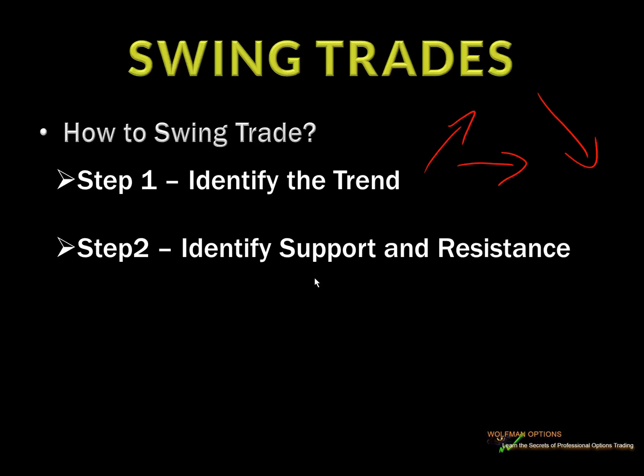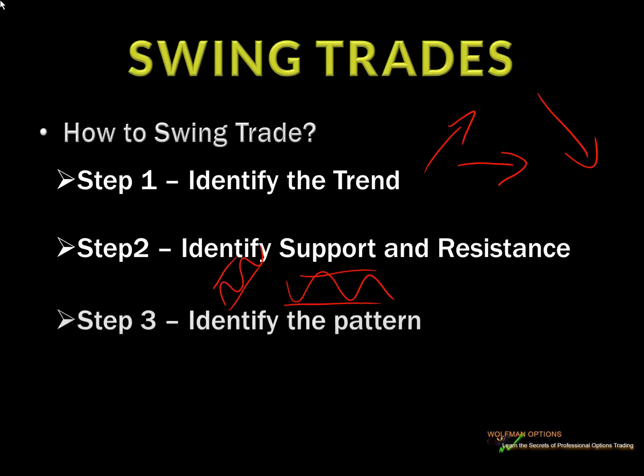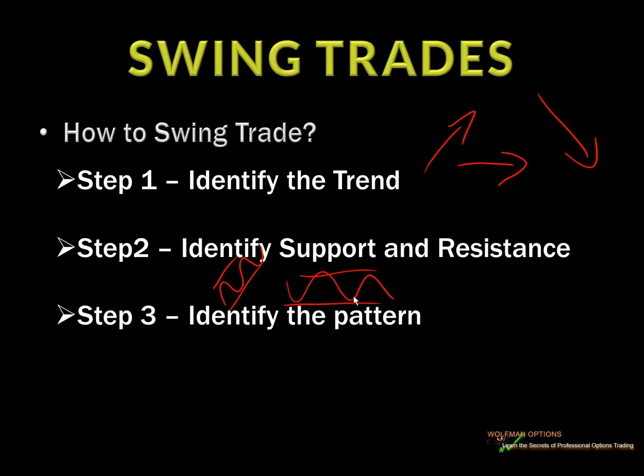That's where, when the underlying is trading in a bullish pattern like that, is identifying those support and resistance areas, right? And then ultimately, we want to find out what the pattern is within the overall trend. So that would be the pattern if we were looking at a sideways. That's the pattern. It's reverting back to a bullish pattern inside of a sideways trend, okay?